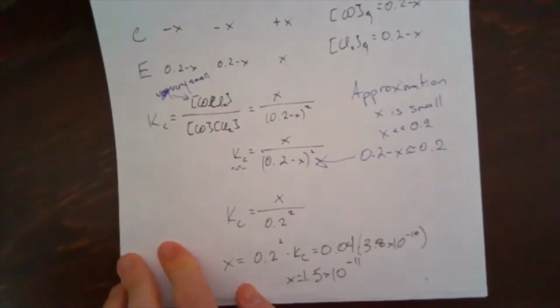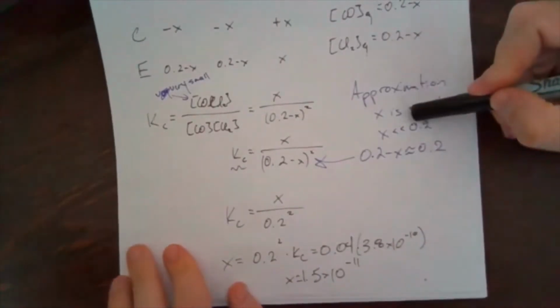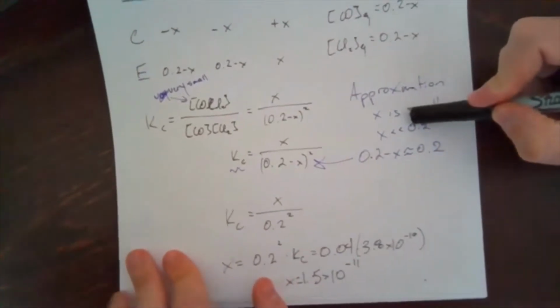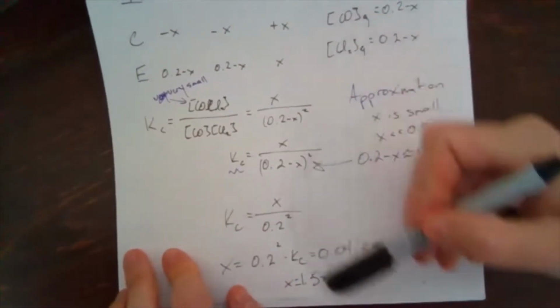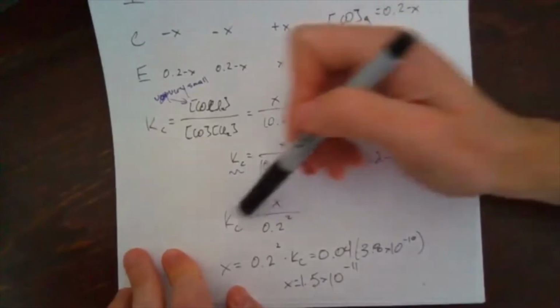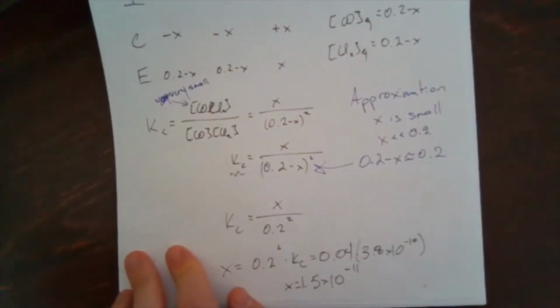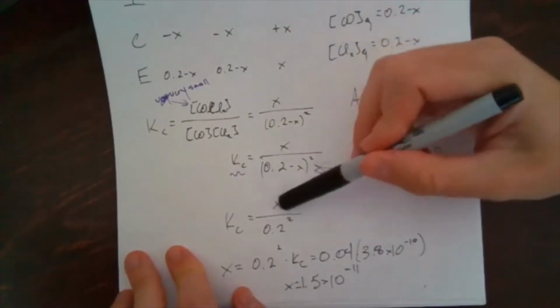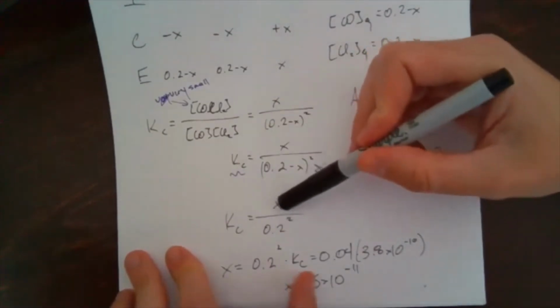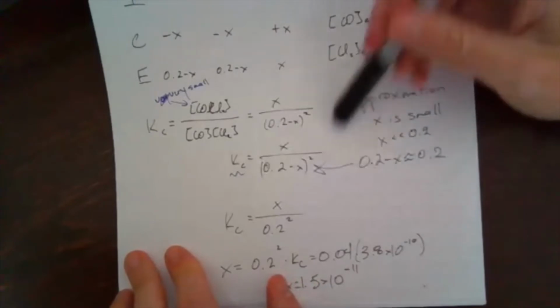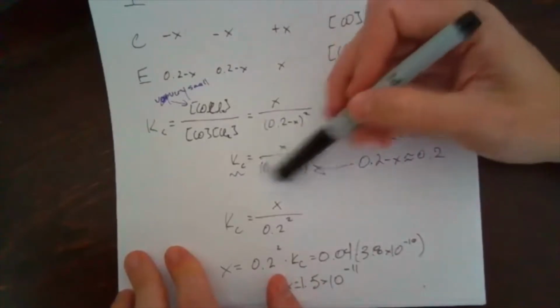Using the approximation, it takes some work to set up, but I hope you believe me when I say that this is much shorter. After you make the approximation, the work becomes a lot easier than having to use the quadratic formula. You will note we don't approximate the x. You don't say the x turns to 0, because the only reason an approximation works is in addition and subtraction.